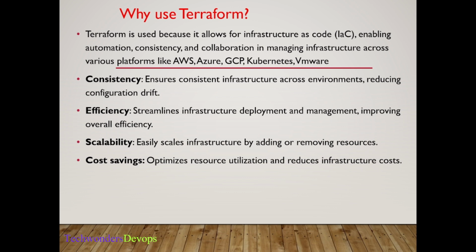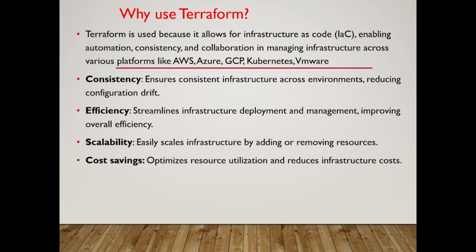Efficiency: it streamlines infrastructure deployment and management, improving overall efficiency. Scalability: sometimes we use a number of servers, for example 10 servers for our application in production, but due to high usage, the load increases and causes delays in application traffic.